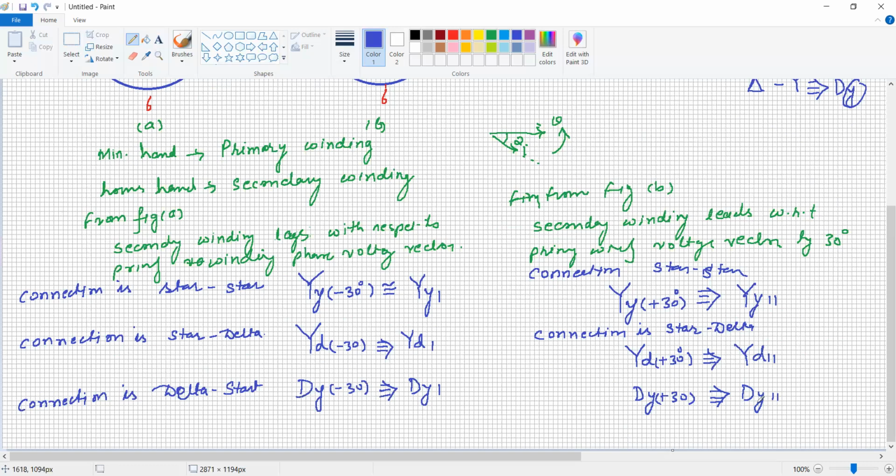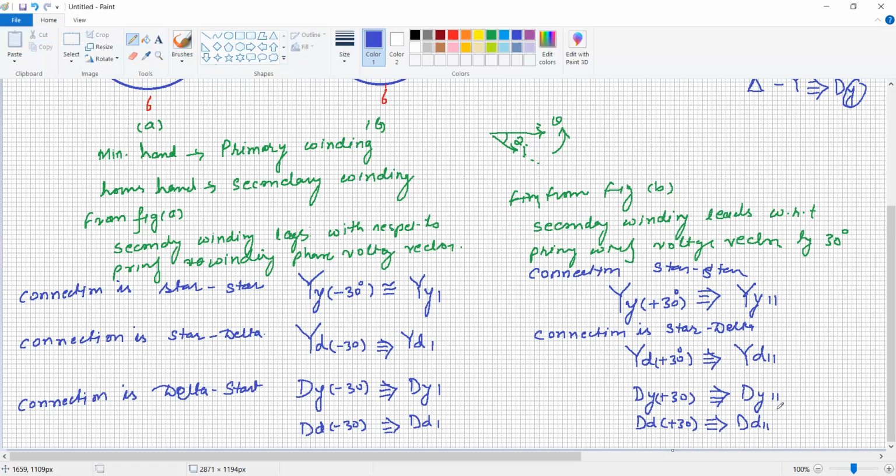Connections, isn't it? Similarly, you can use a delta delta connection, minus 30 degree. So Dd1, and here Dd plus 30 degree. So it is Dd11 connection, and so on. Okay.